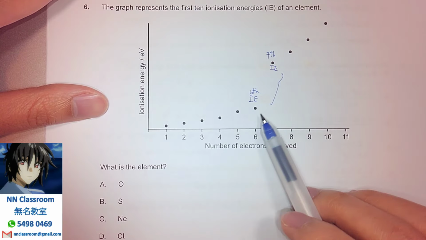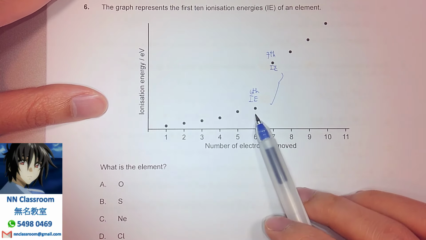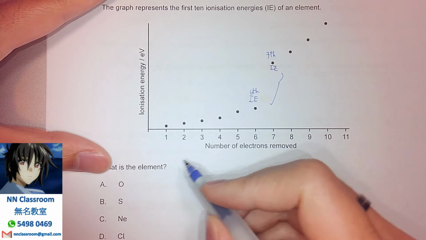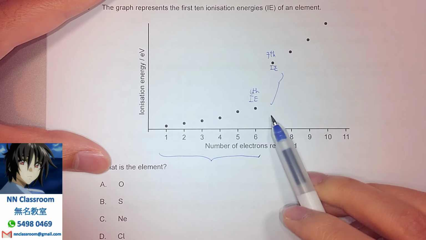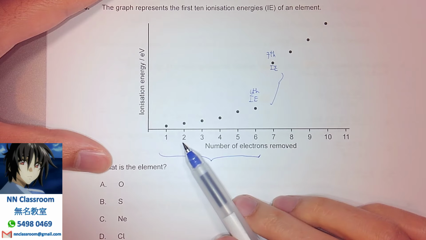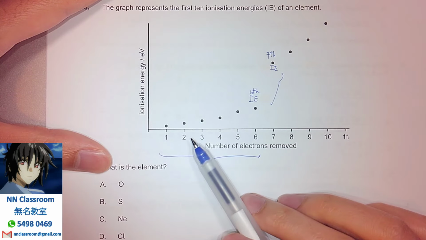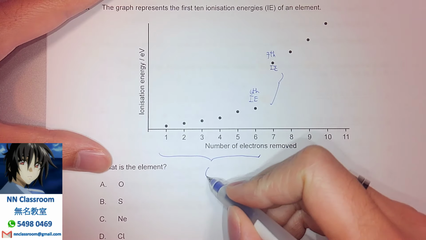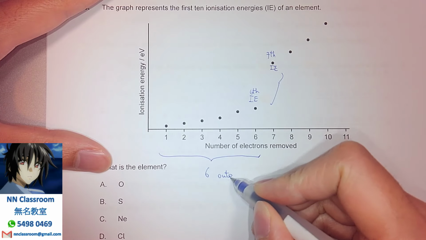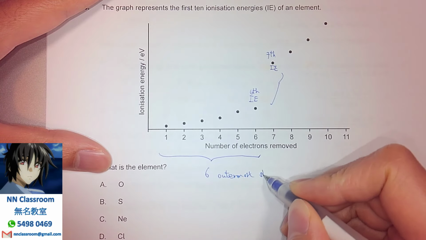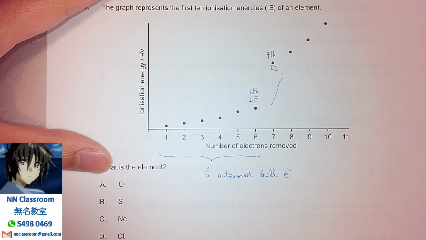With the same main energy level, this is the outermost shell. So from the first 6 successive IEs having a similar increasing trend, with no big jump, we can conclude the element has 6 outermost shell electrons, right? So this is the first point.